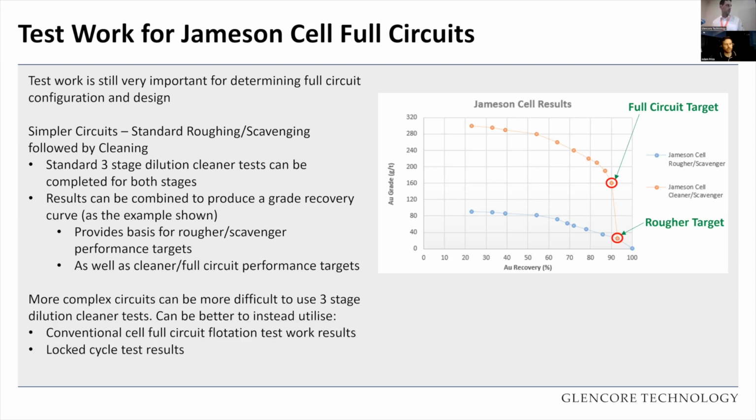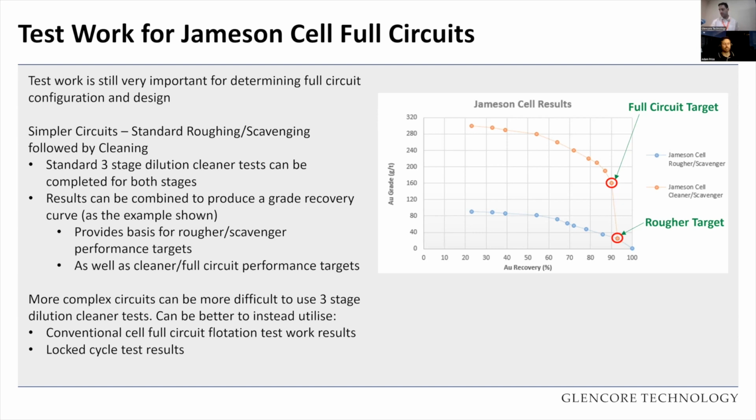With more complex circuits, particularly things like sequential flotation circuits, where doing these sort of tests can become more difficult, having to do a lot of flotation to generate samples for the testing, we can also look at sizing of conventional full mechanical cell circuits.